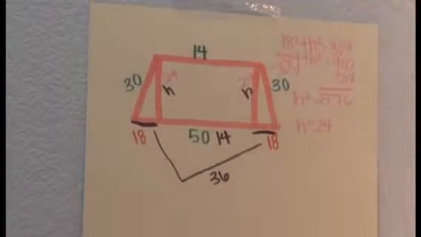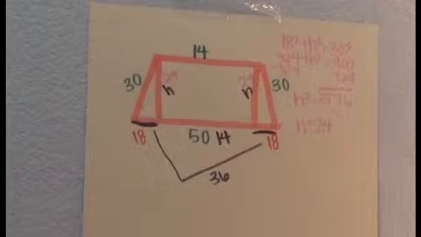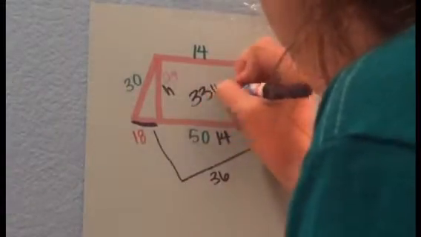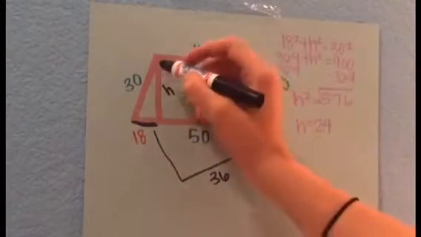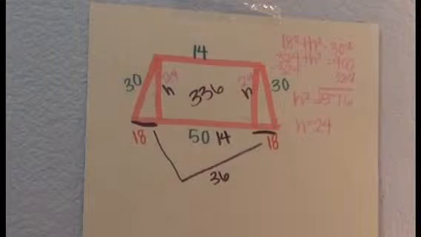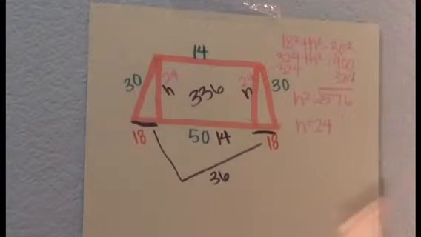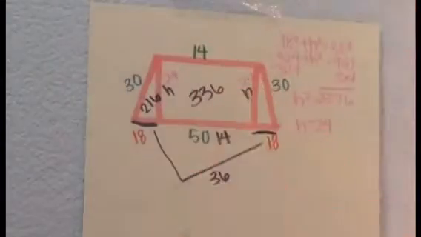So first, to find the area of this rectangle, we have to do 24 times 14, which gives us 336. Then, since we found that, we have to find the area of these two triangles, and we can do 18 times 24 divided by 2 because the equation of a triangle is base times height divided by 2, and that equals 216 for the area of the triangle.